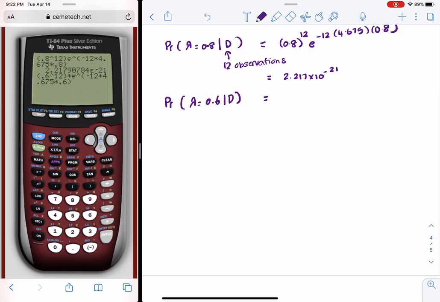I'm plugging in 0.6 for lambda. And we end up getting 5.241 times 10 raised negative 18.